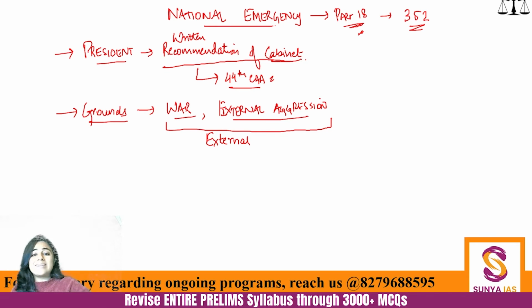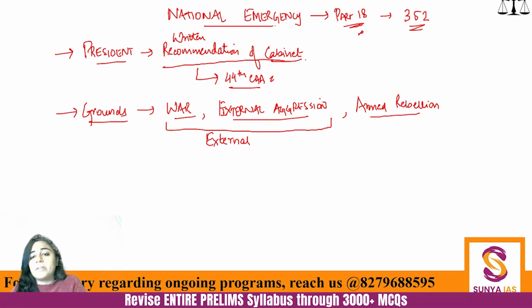Now, another basis, please write this down, is armed rebellion. When people take up arms against the government, it is basically a civil war kind of situation, just like what happened in Sri Lanka.